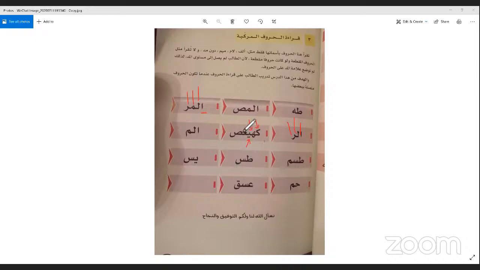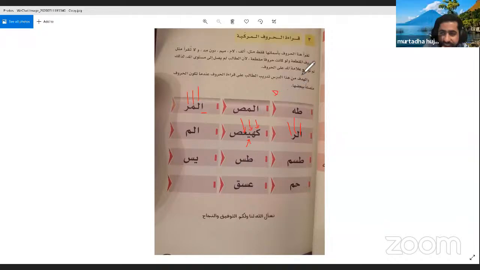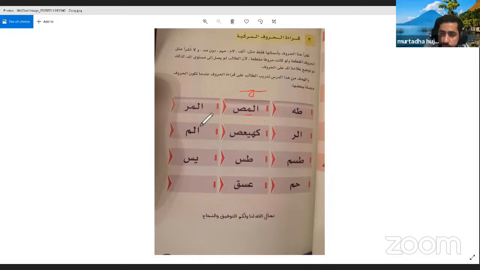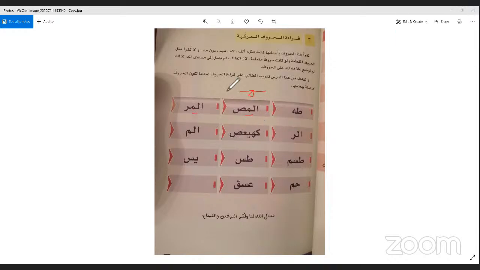Ya. Mim. Ain. This is Ain, because Mim will be like this. Here is Mim, here is Mim in the middle. Ain can be like this.